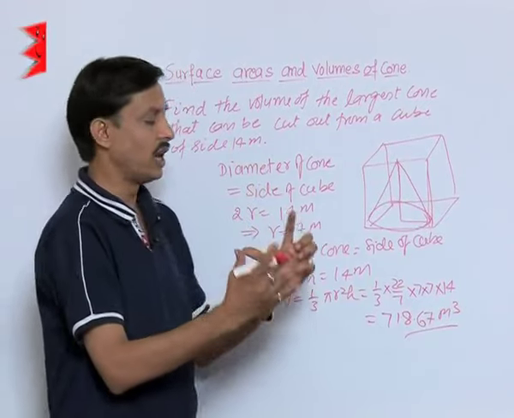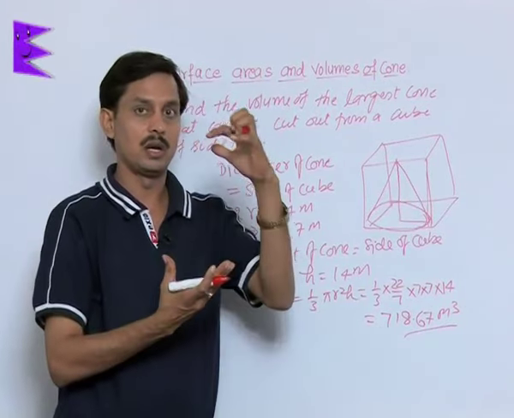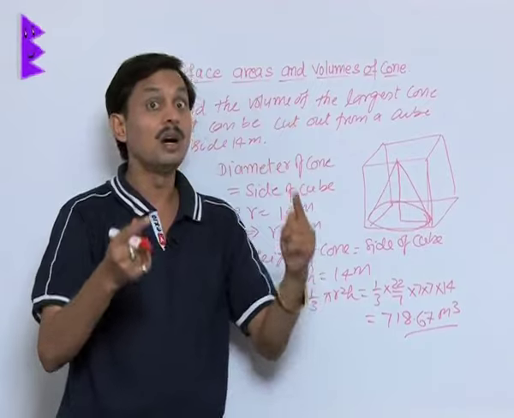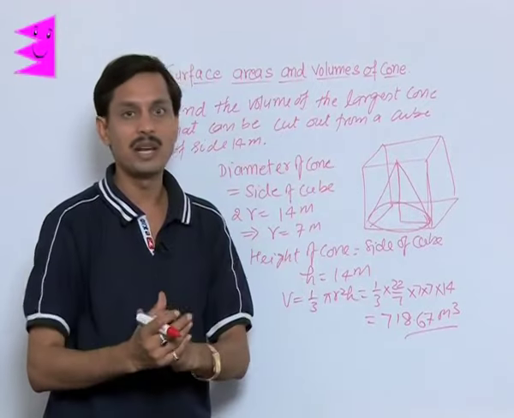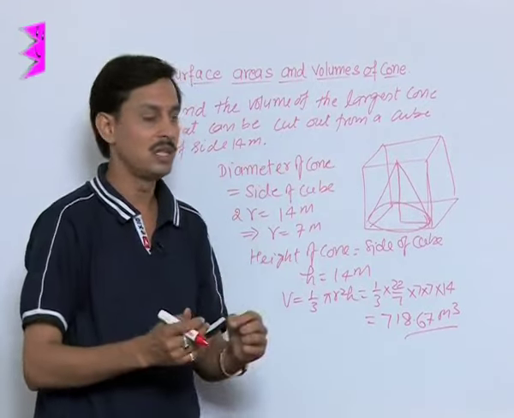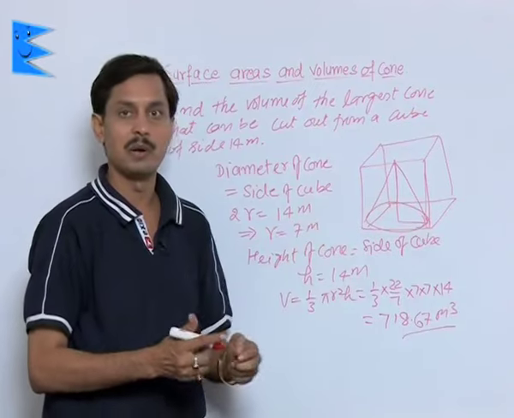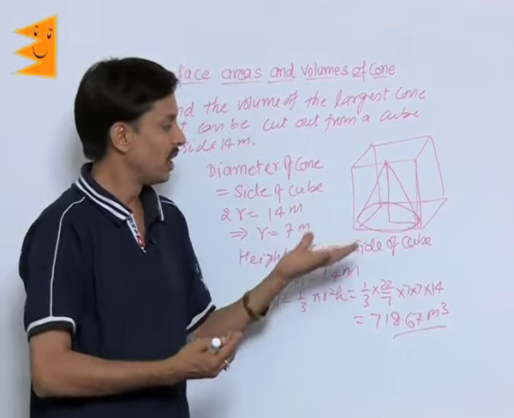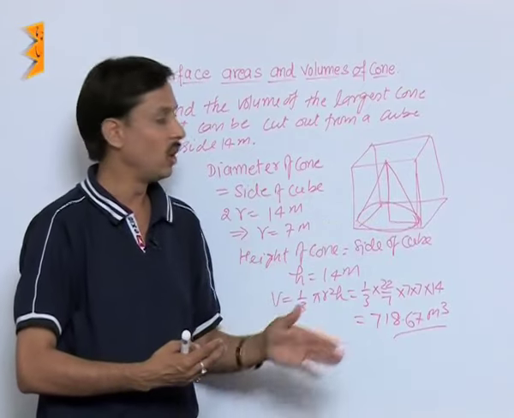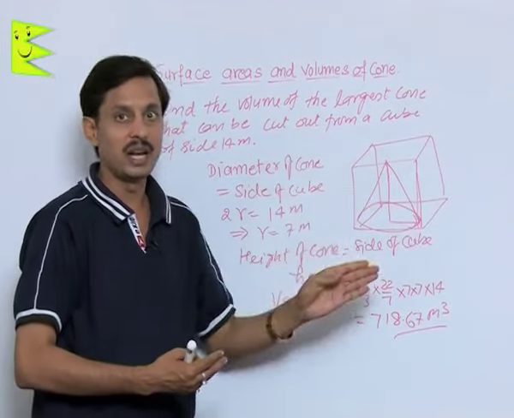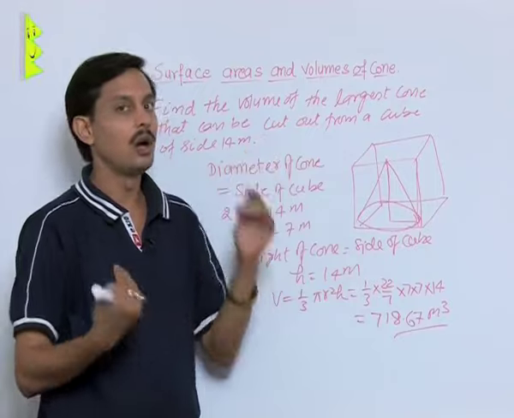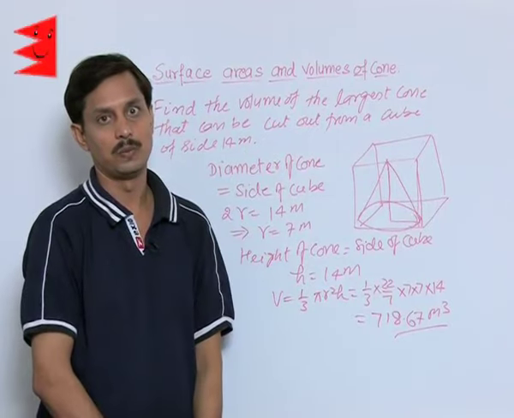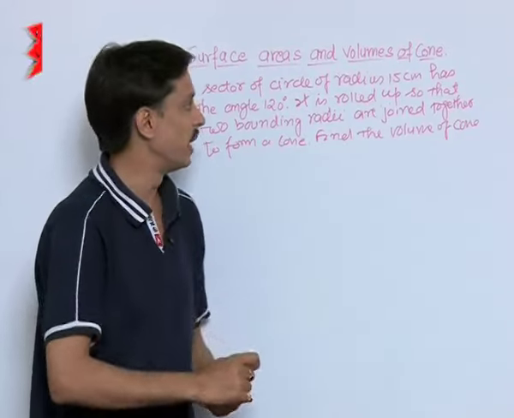So in this way we can carve out a cone from a cube of maximum height, of maximum radius or diameter. Then we can calculate its volume, its height, slant height, curved surface area or total surface area also. I am taking a question here.